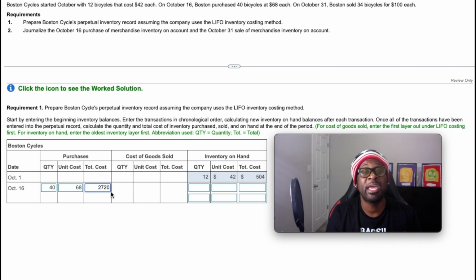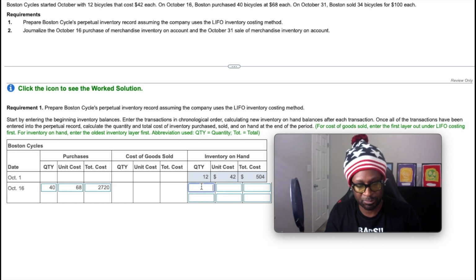Now that we've made an additional purchase of inventory for the period, it's going to change our units available, our inventory on hand. Gang, remember we started out with 12 units in beginning inventory at a cost of $42, but we just made an additional purchase of 40 more units at a different cost. So we have to account for those.